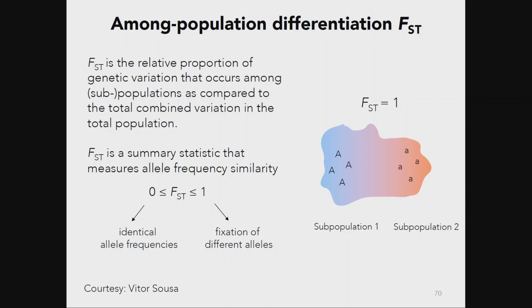The reason I wanted to briefly tell you about this is that when we scan the genome, going along the sequence, we often calculate FST. We compare, for example, the sequences from two populations and try to figure out whether they are different due to selection. We calculate FST along the sequence to see how different the populations are.